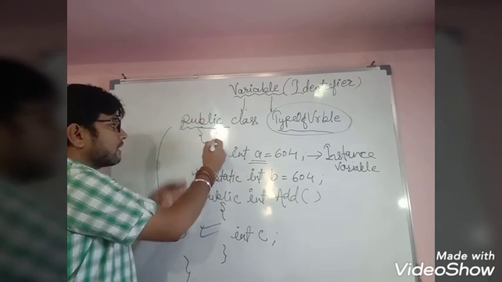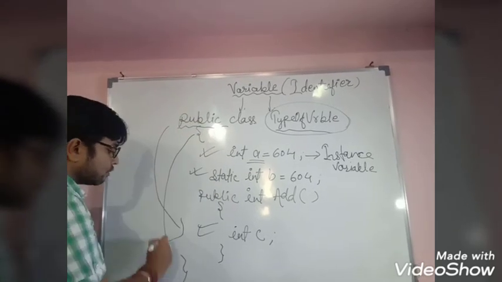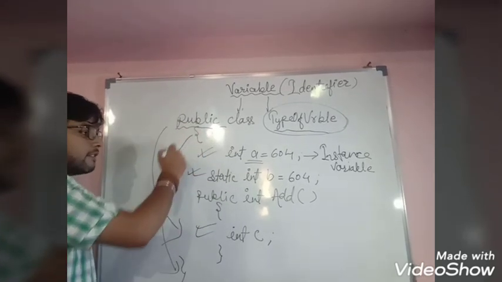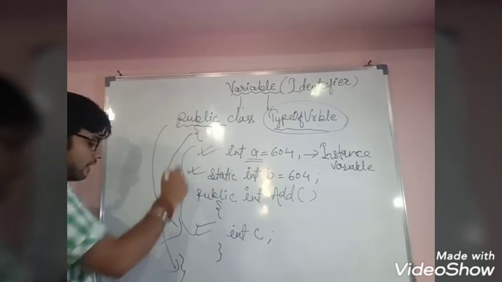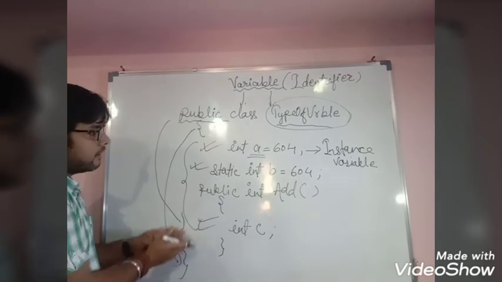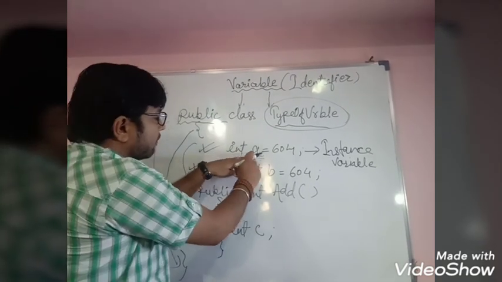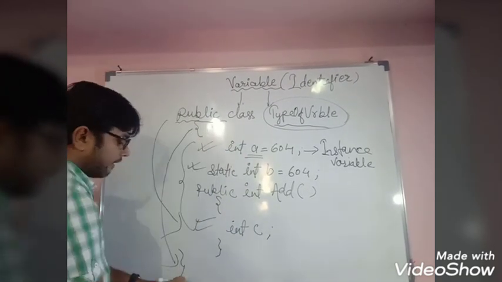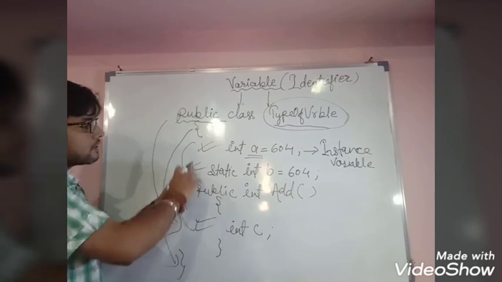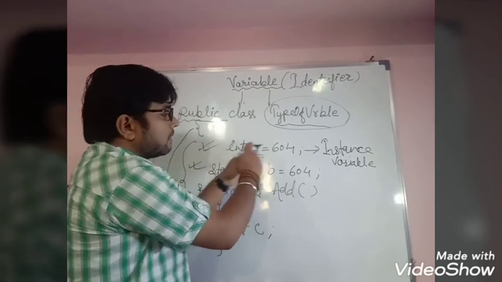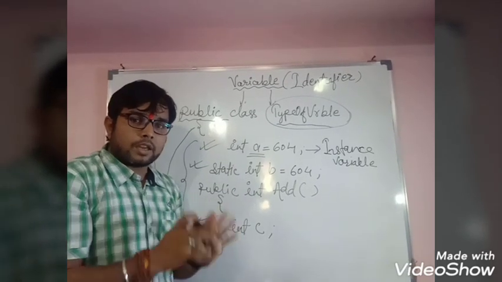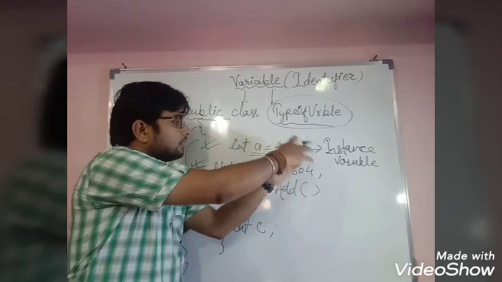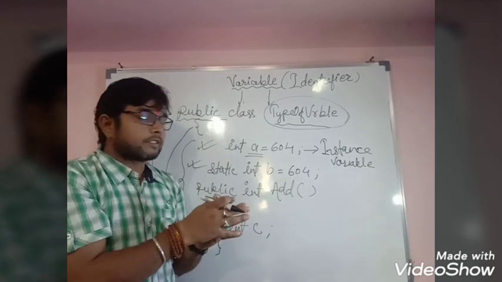The scope of this class is from this curly bracket to this curly bracket. Everything is encapsulated between them, so the scope of this A starts from here and ends here. Instance variable has the scope in the whole class.